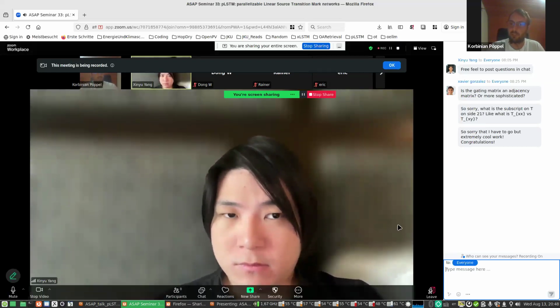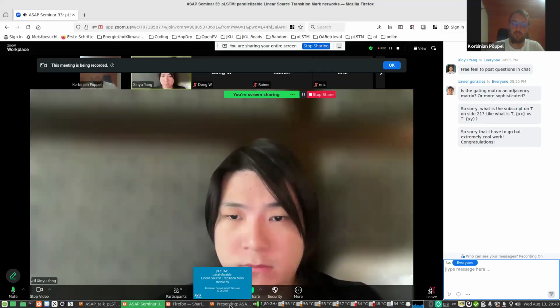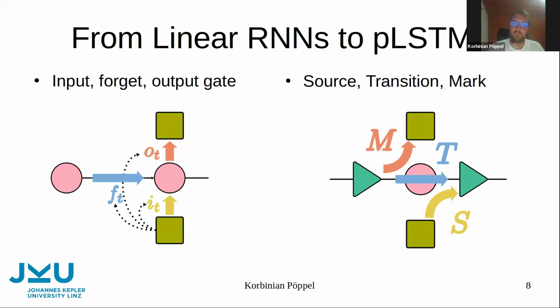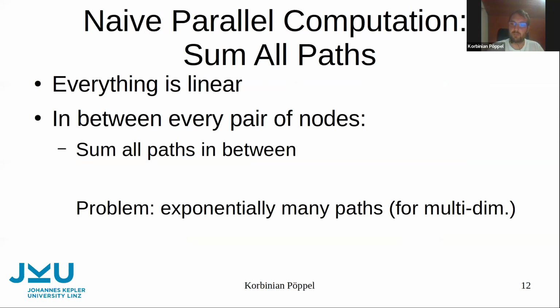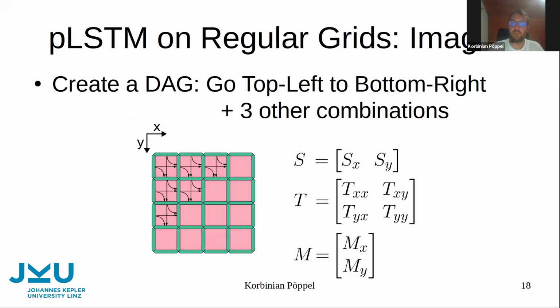And for slide 21, 22, the subscripts X and Y here mean the following. X would mean the X edge for the source, and Y would mean the Y edge, so the bottom edge.